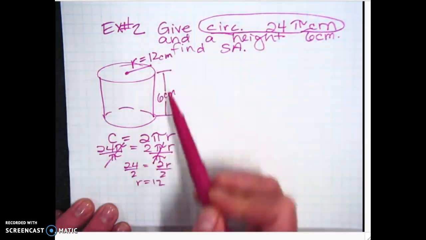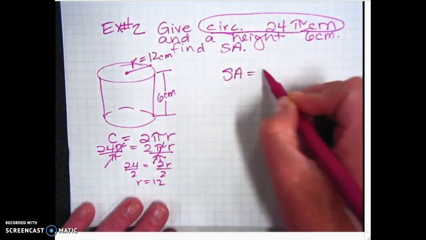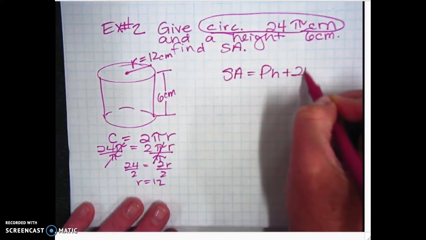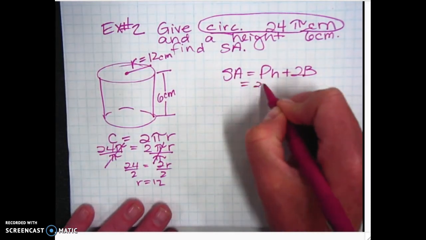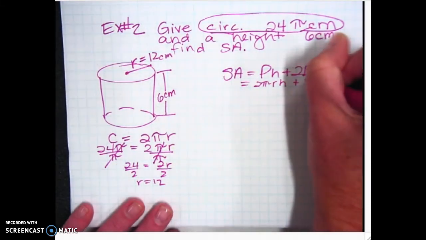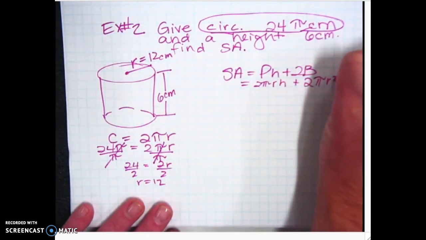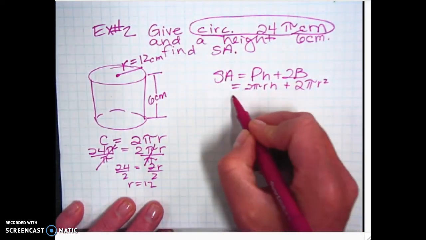Now I've got the radius and the height, so now I can use my formula. Surface area formula, Ph plus 2B. The perimeter is really the circumference, so I'm going to say 2 pi r times the height. The area of the base is really pi r squared, so 2 pi r squared. And we just are going to plug in for the radius and for the height.